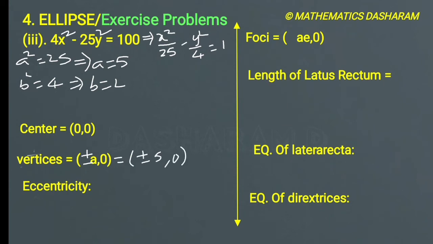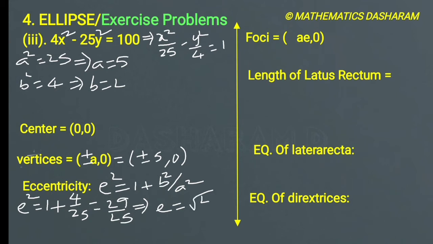Next eccentricity, the formula is e square equals 1 plus b square divided by a square. Then e equals under root 29 divided by 5. Next the foci is plus or minus ae comma 0. So plus or minus a value is 5 into e value root 29 divided by 5 comma 0. So 5 cancel.